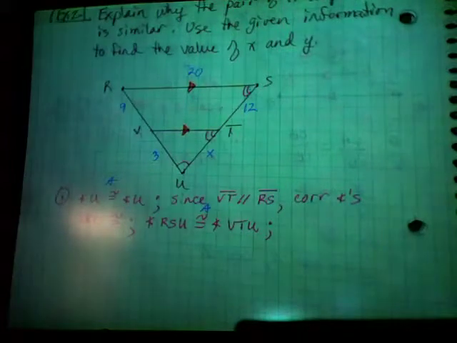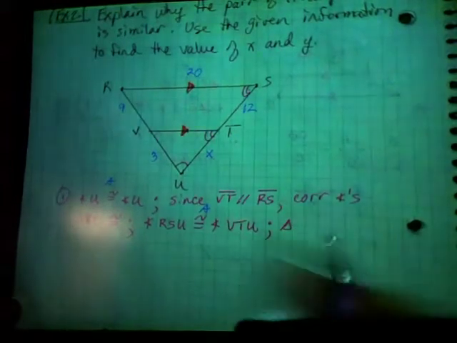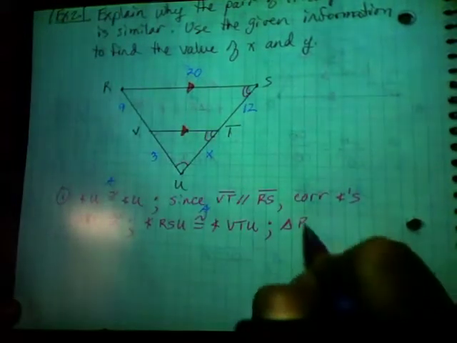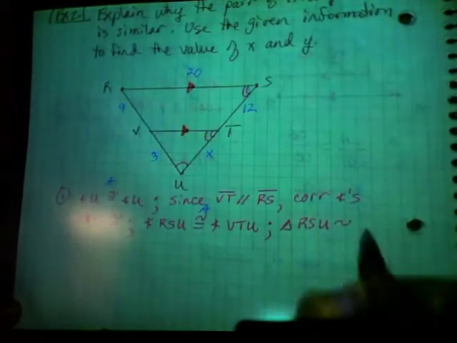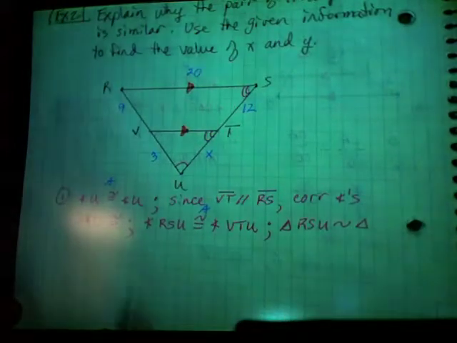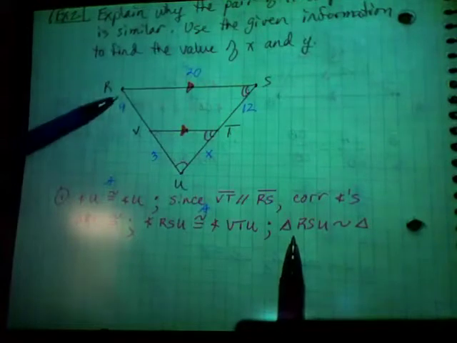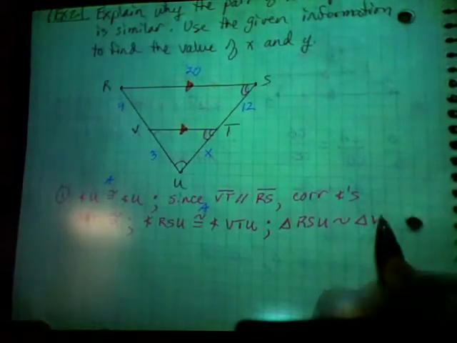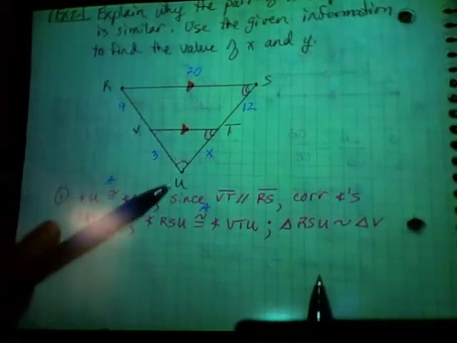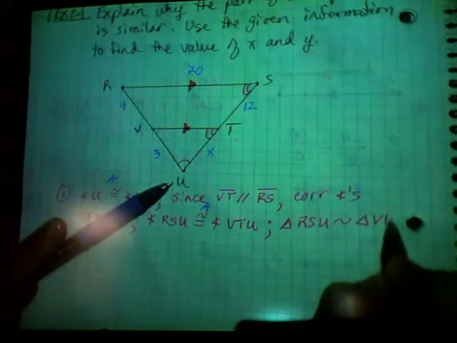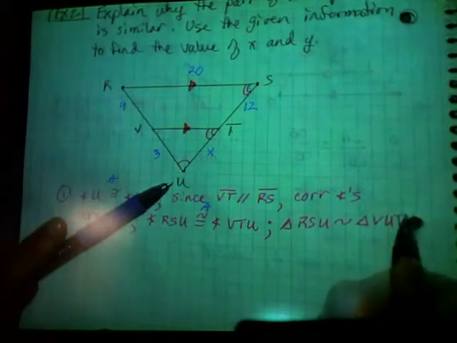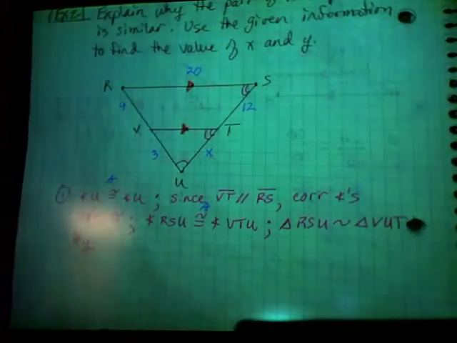Then once I hit that second angle, now I can state the triangle similarity statement. So now I can say that triangle RSU is similar to triangle, on the small triangle, what angle corresponds with R? V. What angle corresponds to U? U. And so that leaves us with T. By what theorem?